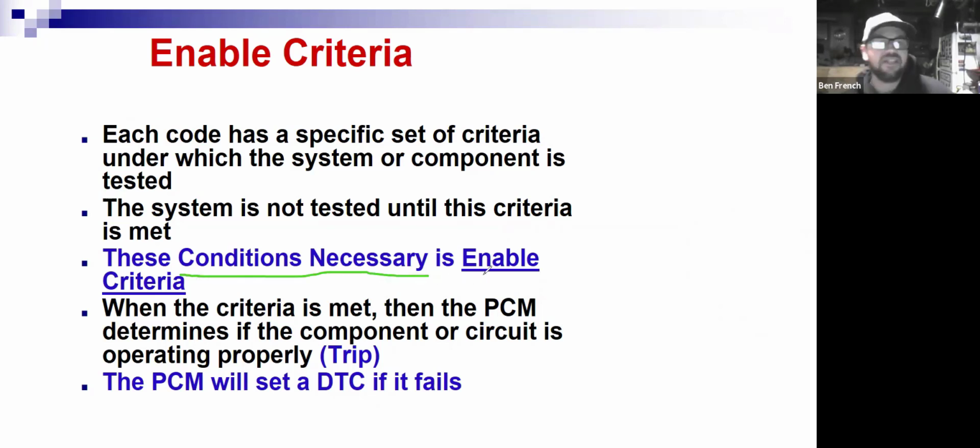So enable criteria is the conditions necessary to run a monitor, a self-diagnostic test. That's critical. What we tend to look at is the freeze frame, and that will let you know what the enable criteria is. If you're in doubt, look it up in your service information.